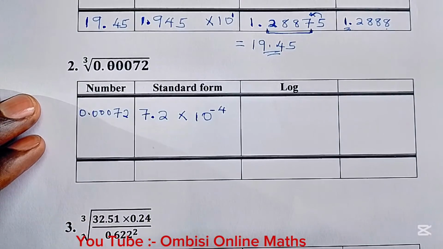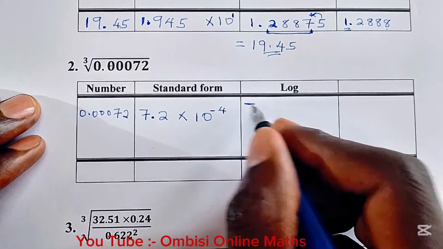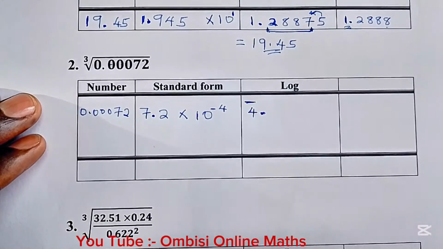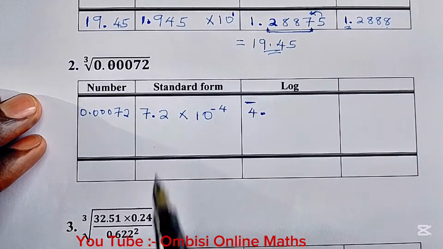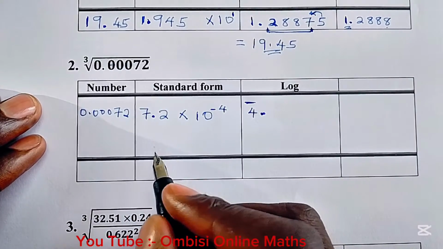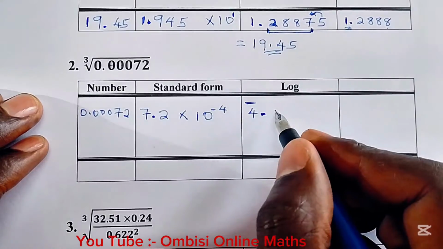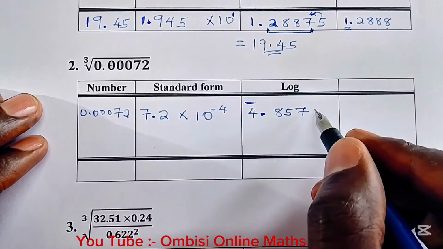Now, the logarithm of this number is bar 4 point. Now look for the logarithm of 7.2. Logarithm of 7.2 gives us 8573.